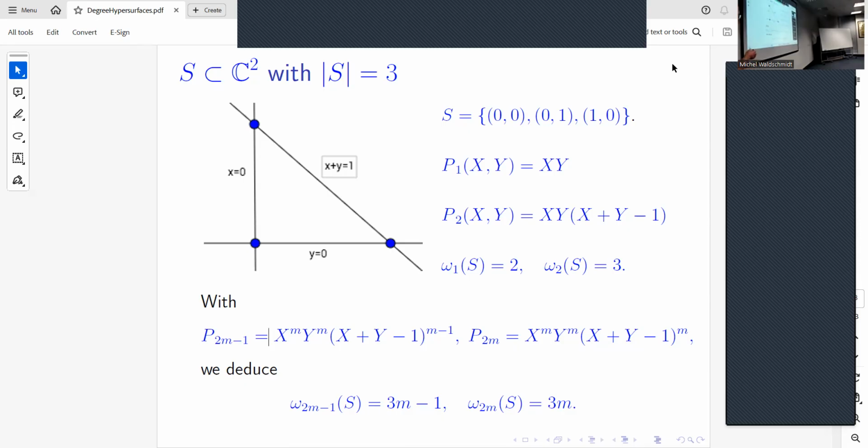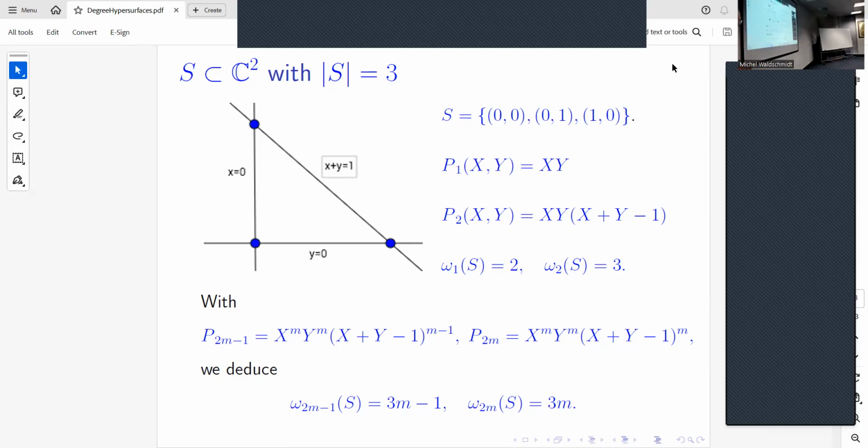And so you have a polynomial of degree 3, which has the property that at the 3 points, the multiplicity is at least 2, which means that omega 2 of S is equal to 3. It's easy to see that it is 3.